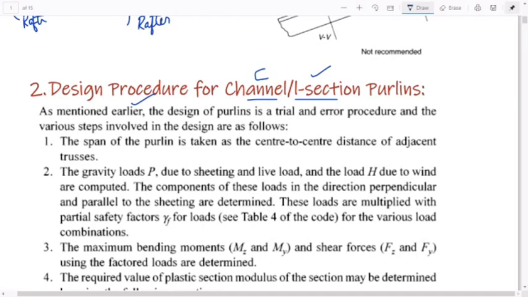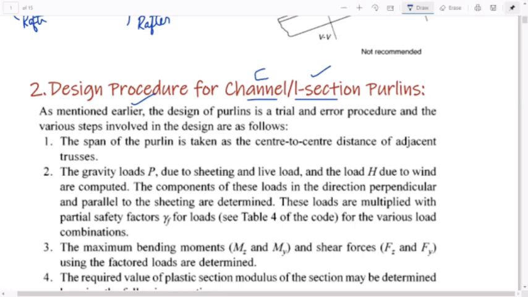And if you are diploma students, you may be already aware of these steps. You have gone through this design procedure in your steel structures, in design of roof truss, right?